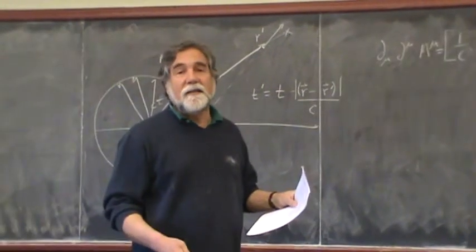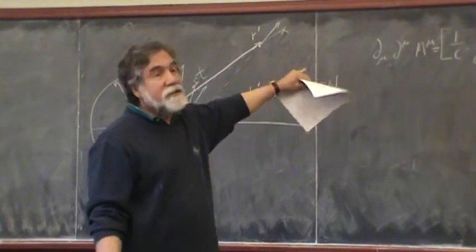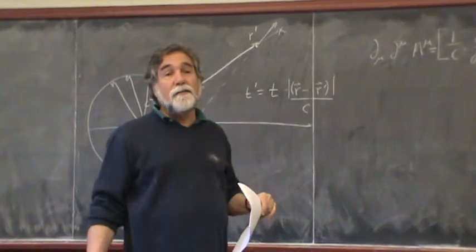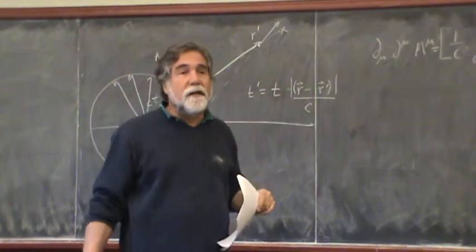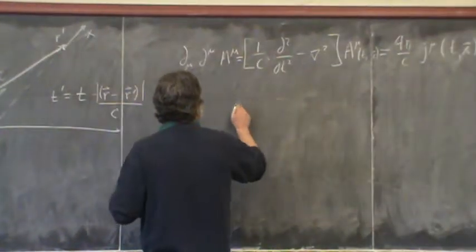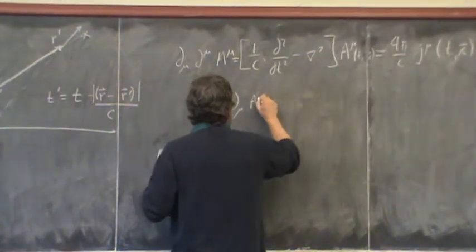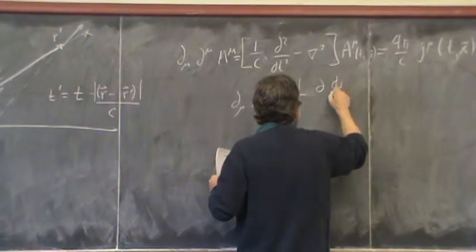Because this is what Ohanian does and Jackson, we need an additional condition when we're solving the wave equation for the vector potential, which is the gauge that we're going to use. We're going to satisfy the Lorentz condition, which is d mu A mu equals 1 over c.